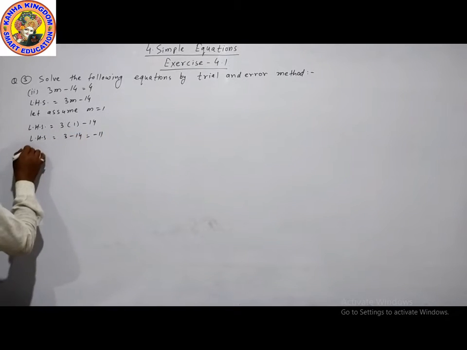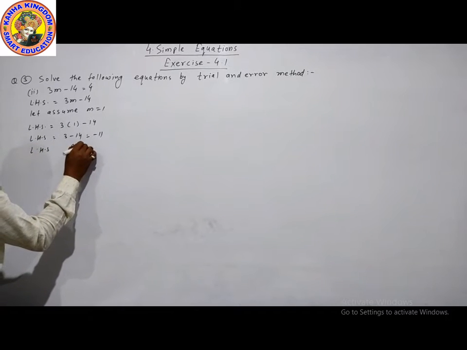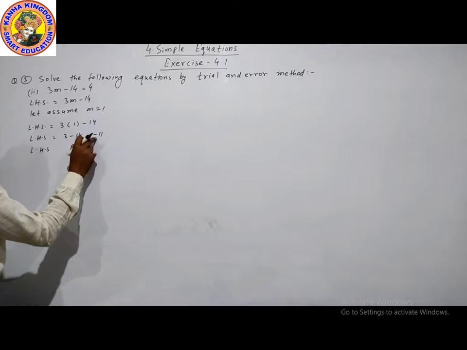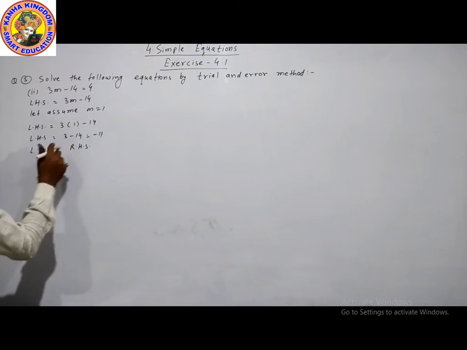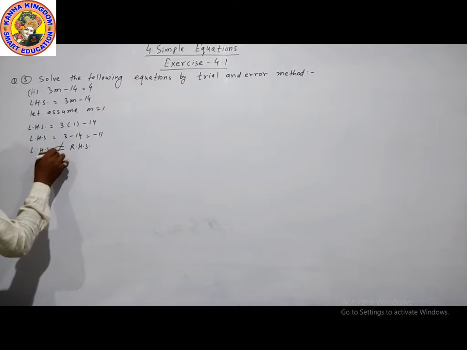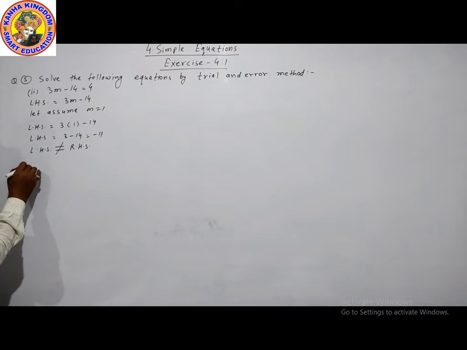Answer is minus 11. The left hand side is minus 11 and the right hand side is 4. These are not equal. Left hand side is not equal to right hand side. So m is equal to 1 is not a solution of this equation.